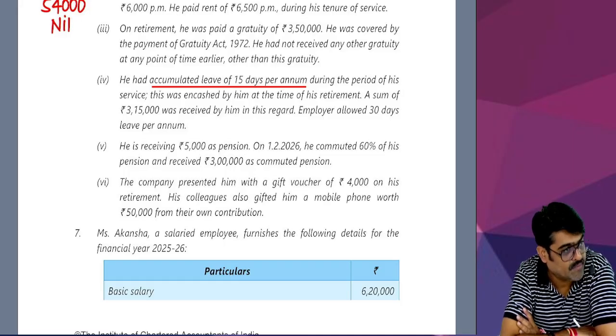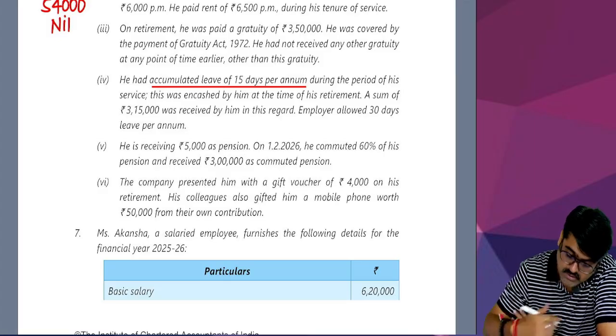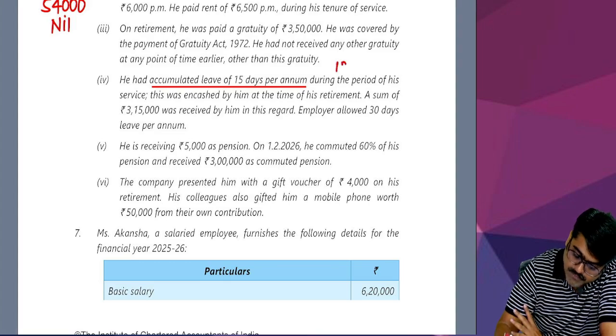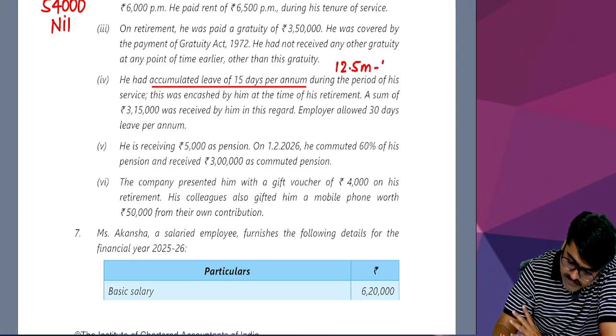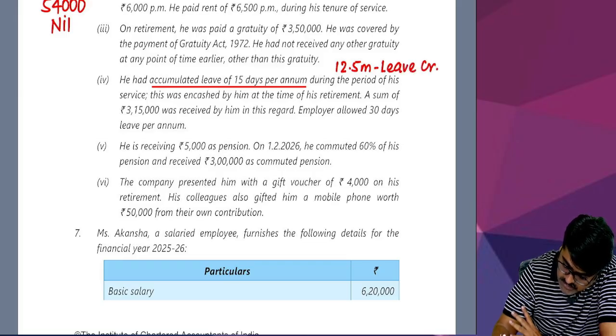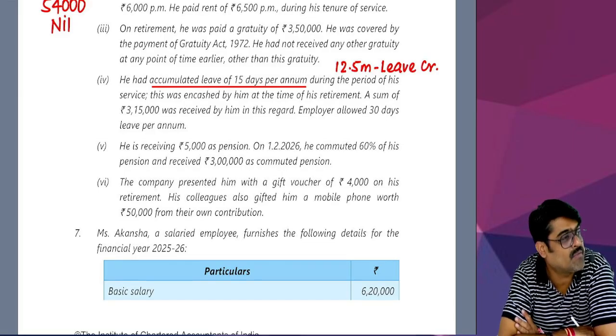So 15 into 25 is 375. Divide by 30. Divide by how many months? 12.5. Can I say 12.5 months is the leave credit at the time of retirement?